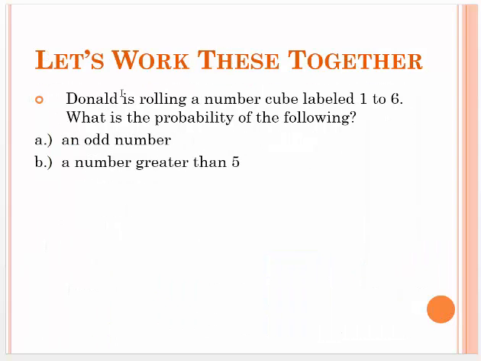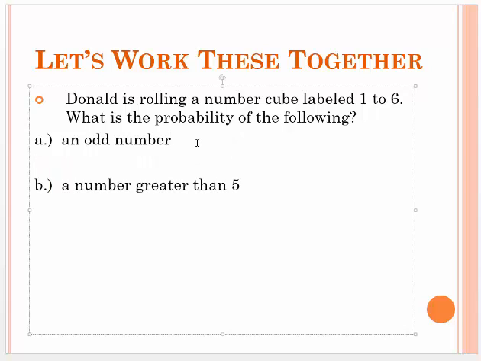Suppose this individual, Donald, is rolling a number cube, another way of saying a die, with the numbers 1 to 6 on it. What is the probability that he rolls an odd number? My event E is that he rolls an odd number on a die, which would be the numbers 1, 3, or 5.